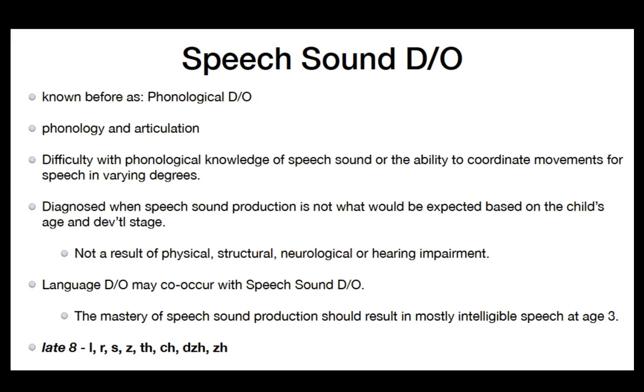And speech sound disorder is diagnosed when speech sound production is not what would be expected based on the child's age and developmental stage. It is not also likely to be the result of physical, structural, neurological, or hearing impairment, meaning these circumstances are not attributable to the speech sound disorder.